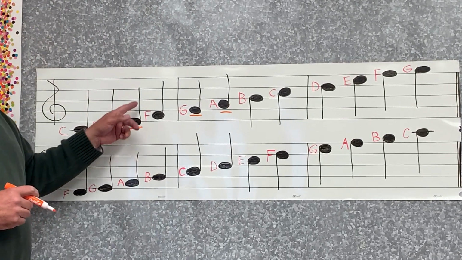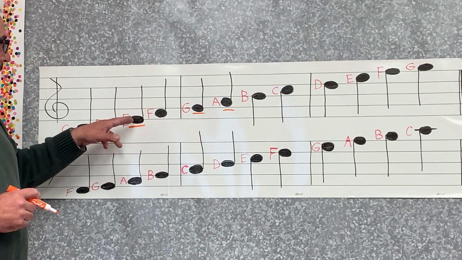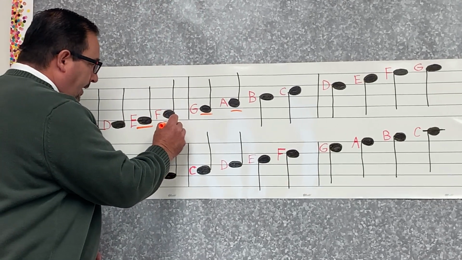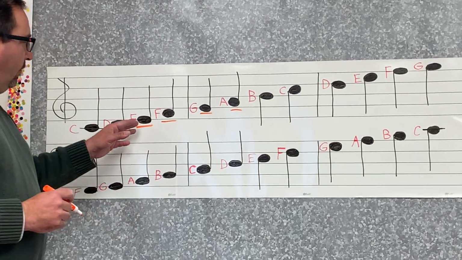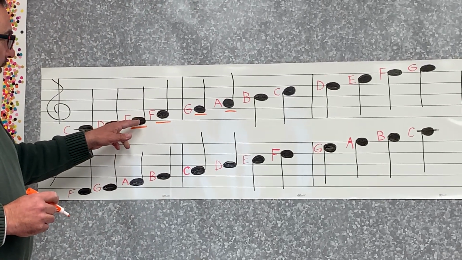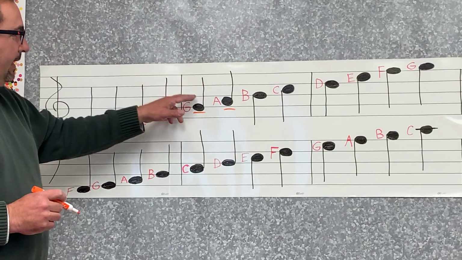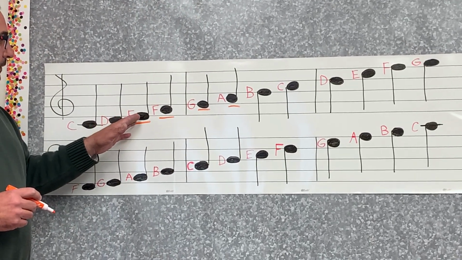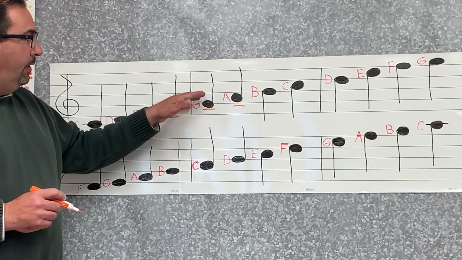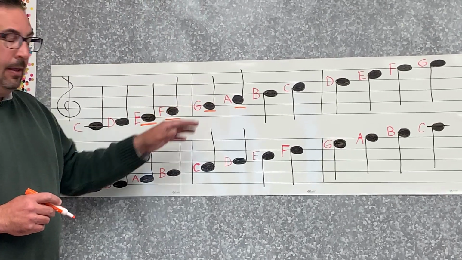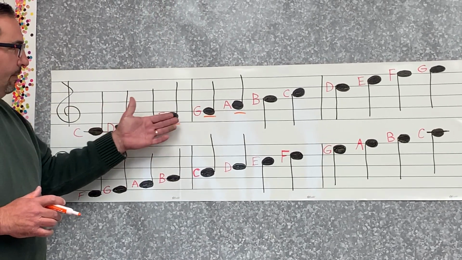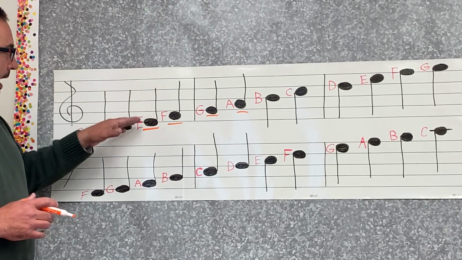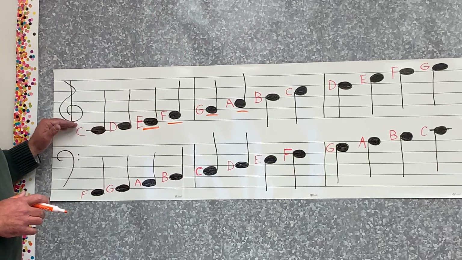If we were going to move by step, Bradley, we would go from E to F. Excellent. Okay? So we can see how now that we won't just say this note is moving by leap, but we give that note a name. The E will now leap up to G. So we will start using this alphabet to help determine which notes are where on our staff in the treble clef.